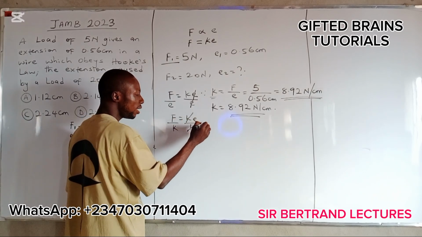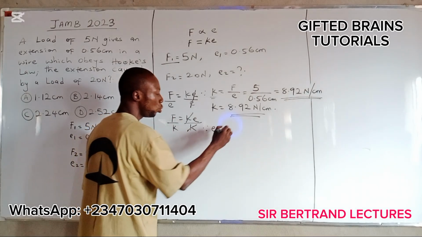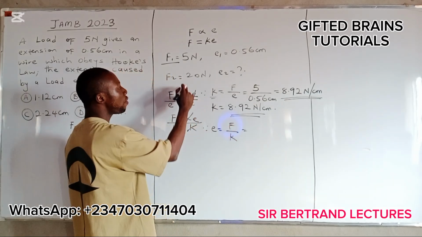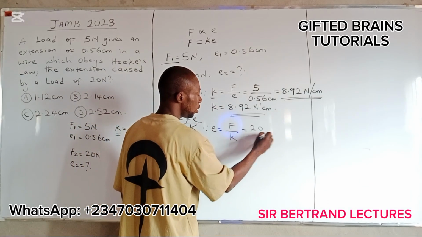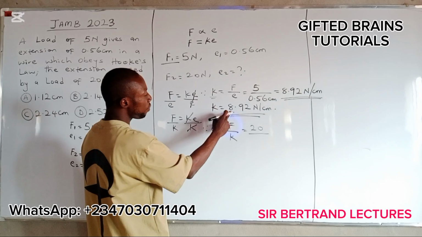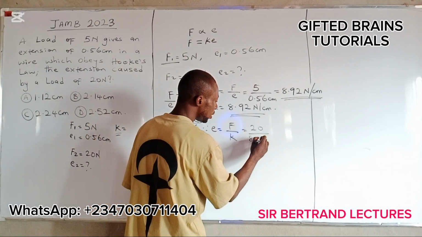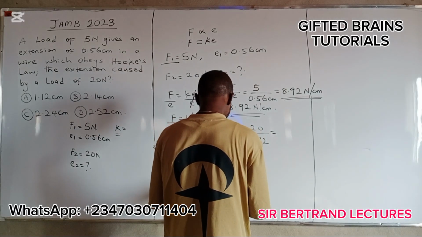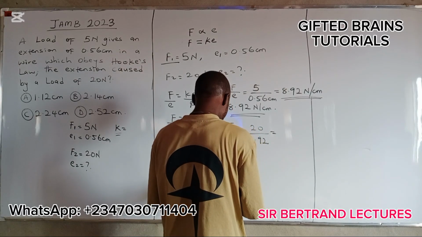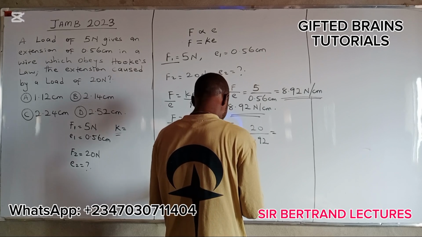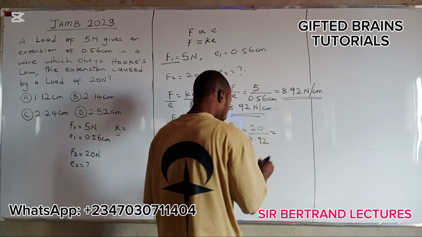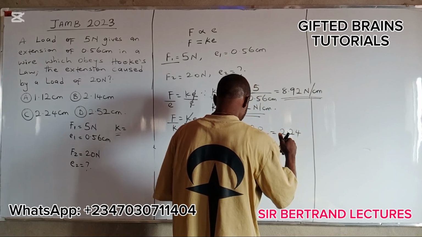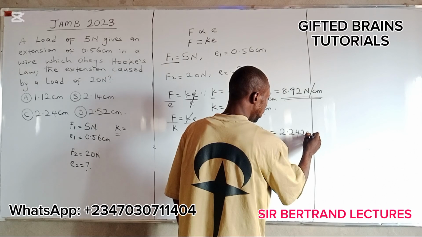We cancel K. Therefore, extension is equal to F over K, which is equal to the F we have here, 20, divided by the K we have here, 8.92. So 20 divided by 8.92 will give us 2.242 centimeter.